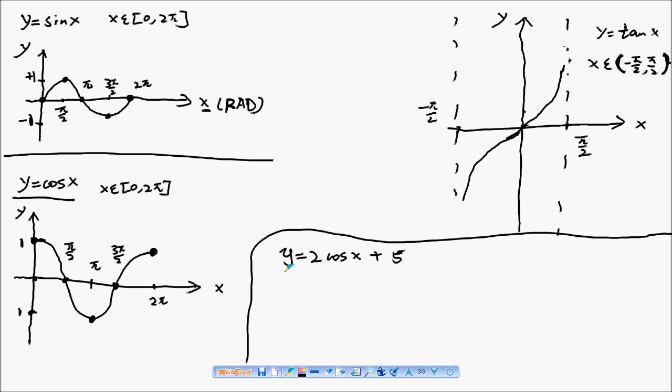As I told you before, we can transform the standard cosine x to fit this equation, and we do that by using transformations.